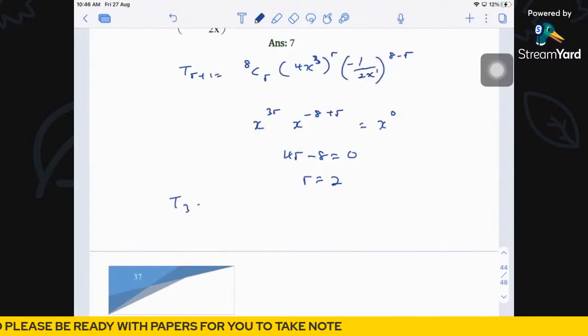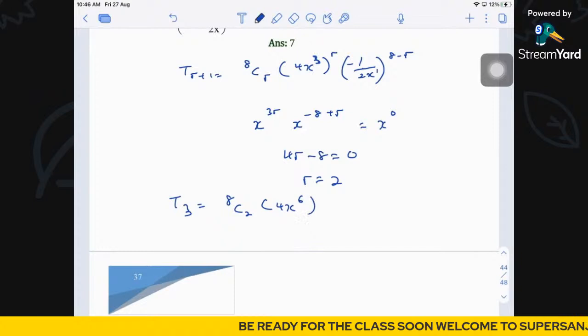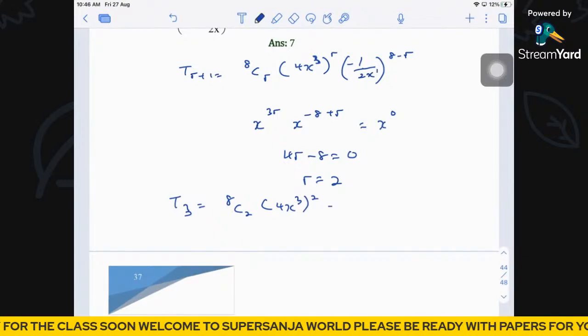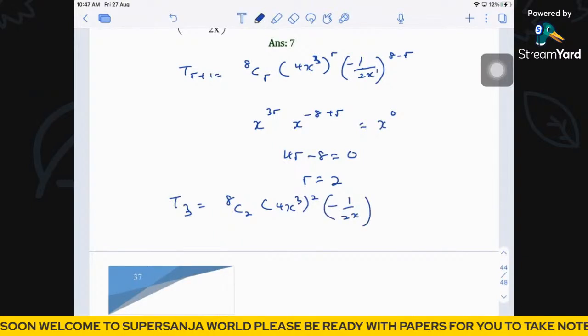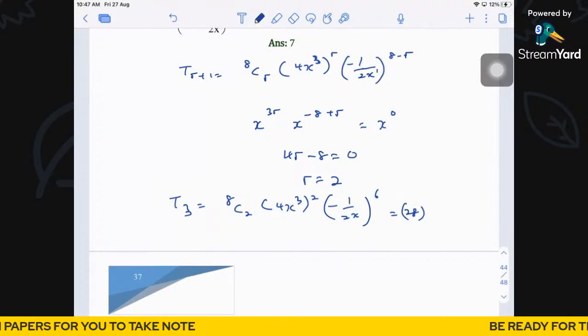So if r is 2, this is T3. T3 equals 8C2 (4x cubed) power of 2 times (negative 1 over 2x) power of 6. 8C2 is 28. 4 squared is 16.